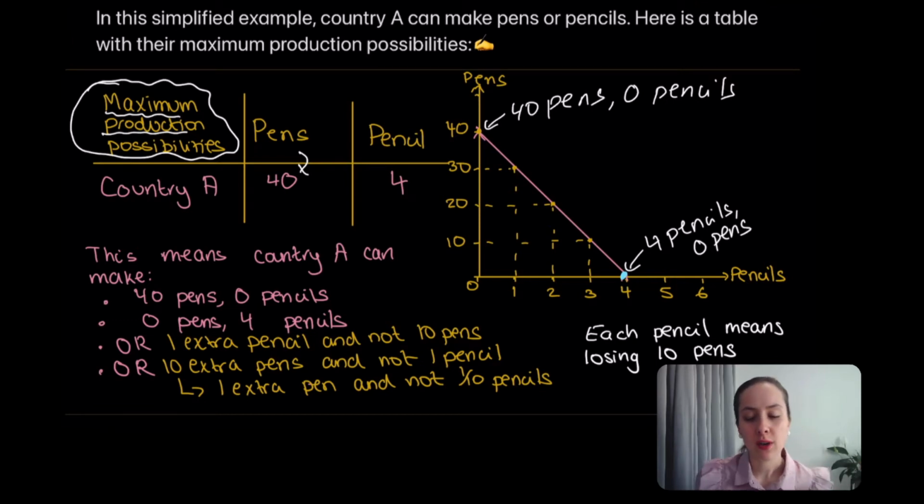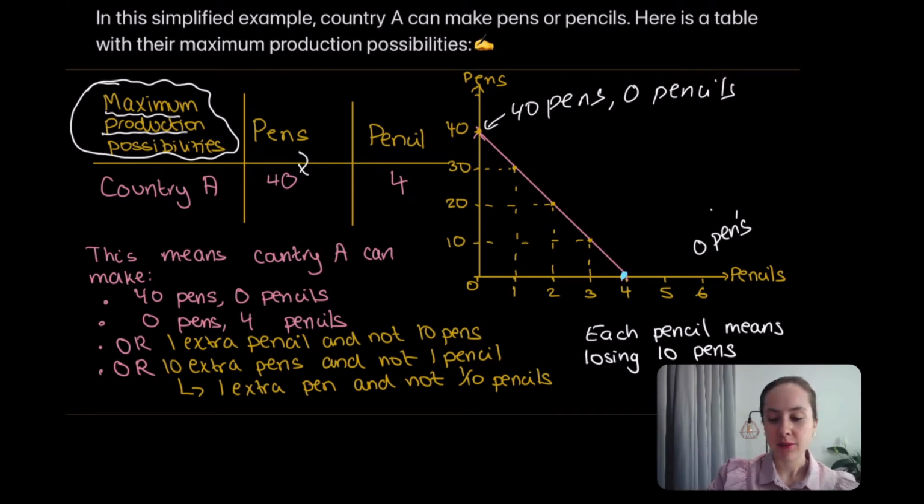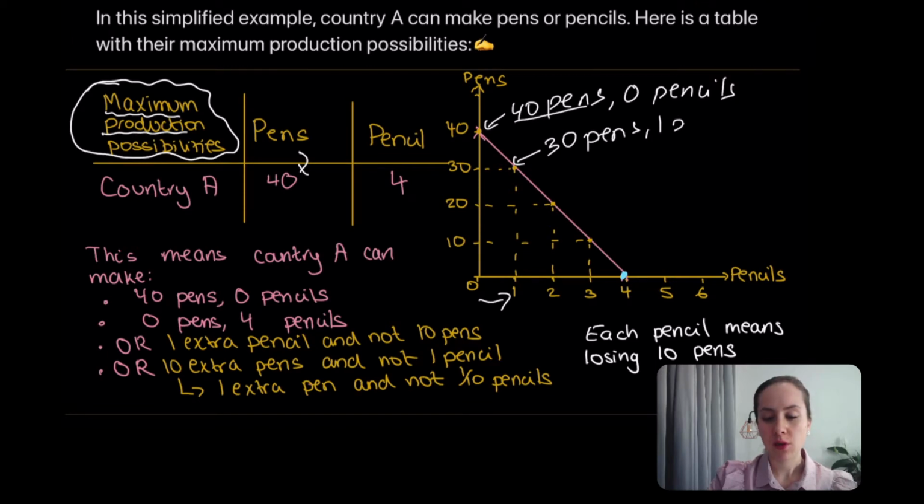So let's see what happens when country A wants to go from a 0 pencil world to a 1 pencil world. So let's say country A wants to go from 0 to 1 pencils. What's going to happen? They're going from 40 pens and no pencils, and then they'll end up here, which is 30 pens and 1 pencil.